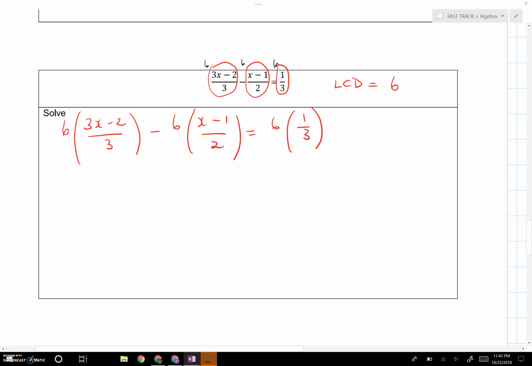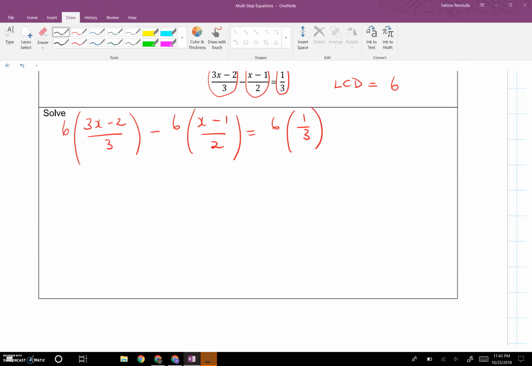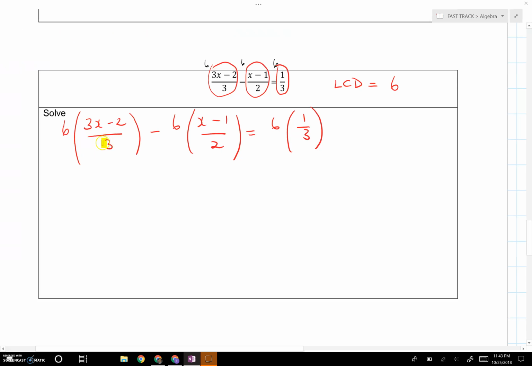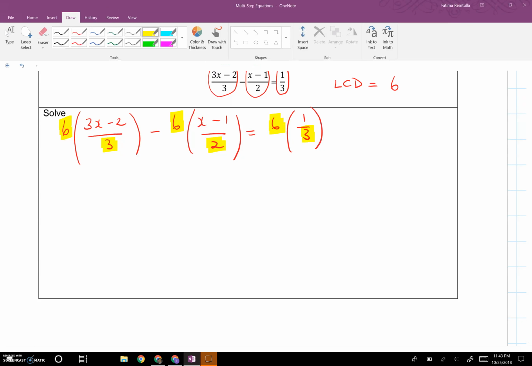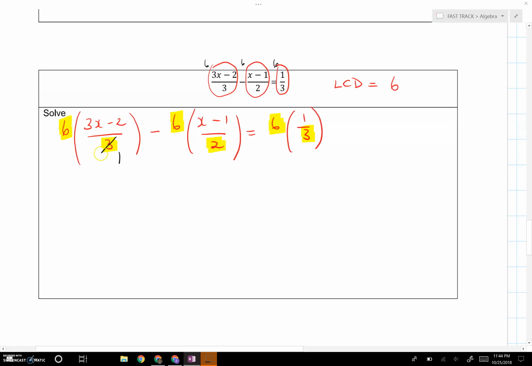When you do that, hopefully you see that I can reduce fractions. So look here. This 3 and this 6 reduce. This 2 and this 6 reduce. And this 3 and this 6 reduce. So this becomes 1 and this becomes 2.